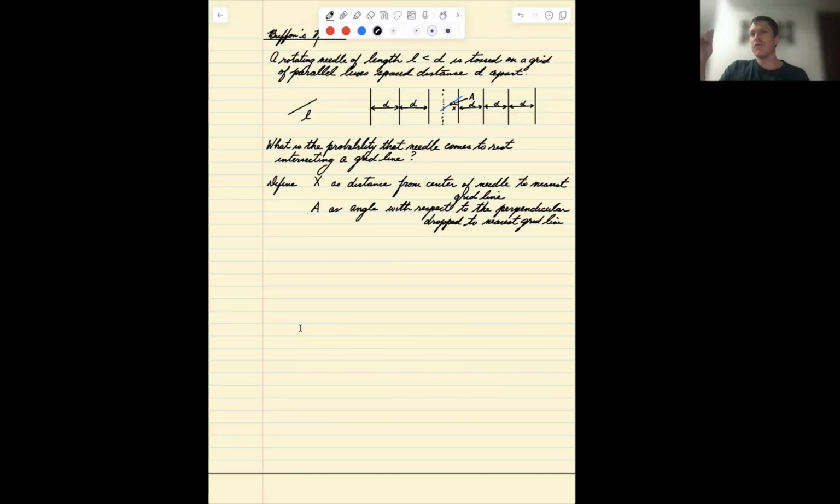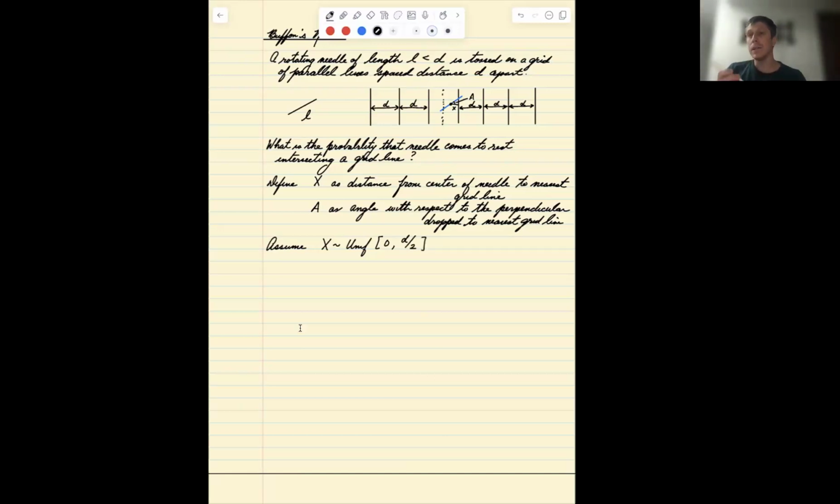And so we assume that it's thrown in a way where the needle falls uniformly in that region. So X is uniform between 0 and D over 2.